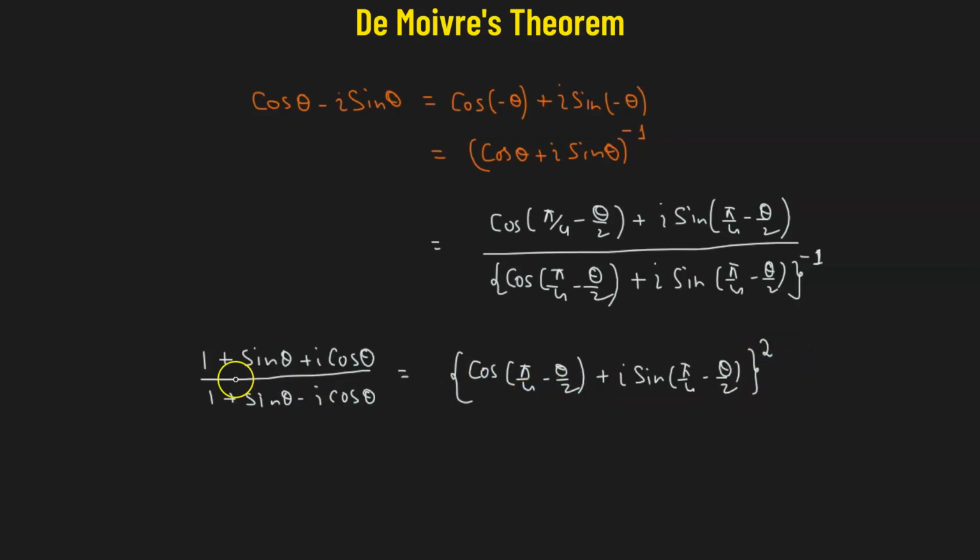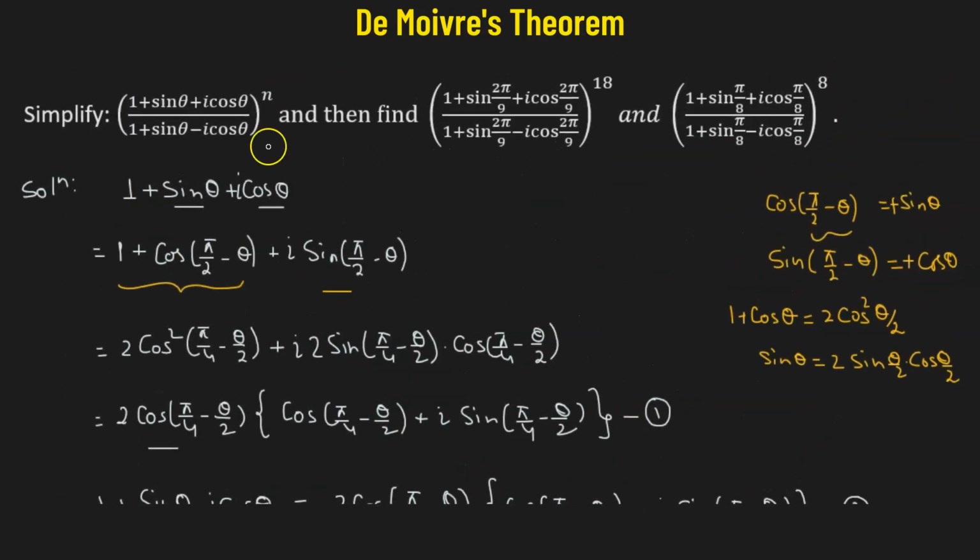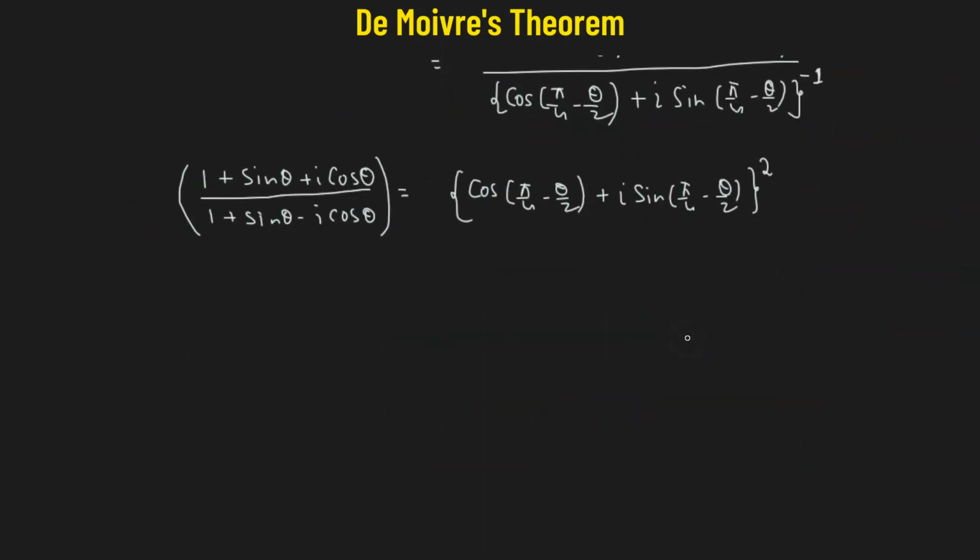Now what we'll do, we will raise both sides with the exponent. We go back to the question here. So here we will have to raise it to the power of n, so this will be raised to the power of n, and on the right hand side it will get multiplied to 2n. Now we can finally use de Moivre's theorem. That means we have to multiply 2n to the argument of the cosine function, which is pi over 4 minus theta over 2, plus iota times sine 2n multiplied to pi over 4 minus theta over 2.